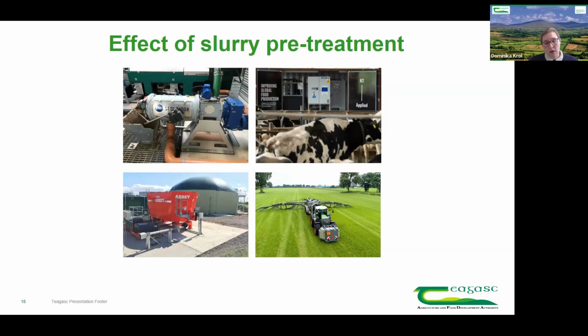So there are a number of options for recovering and maintaining nutrients in the slurry that will work in benefit of slurry nutrients, but at the same time reduce emissions.